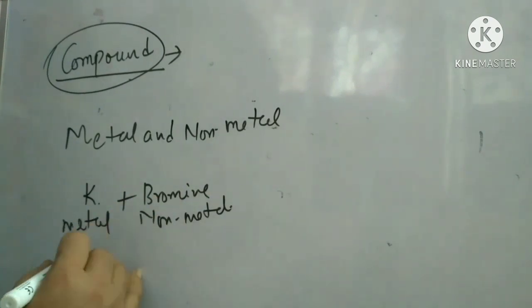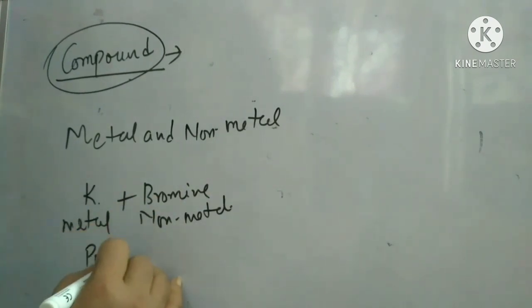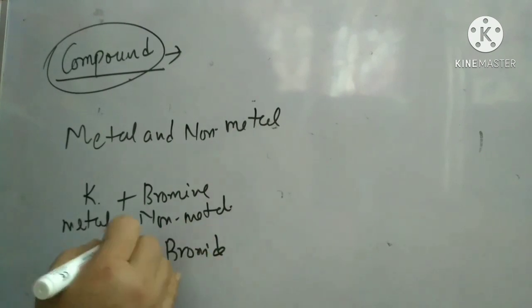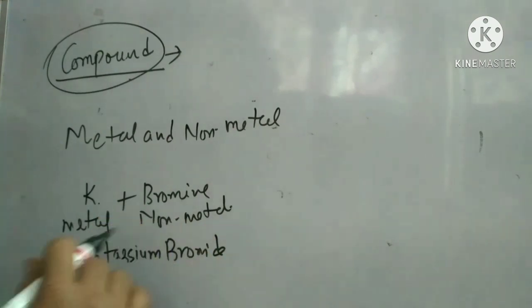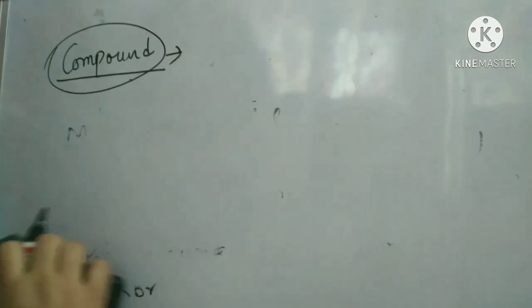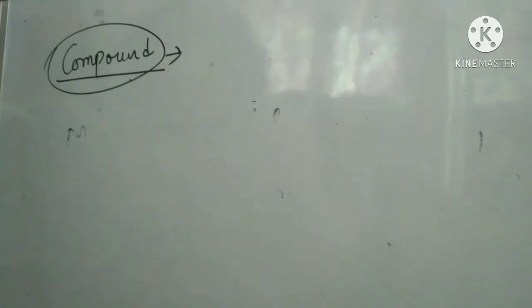So the name will be potassium bromide, KBr. If it contains only two non-metals, they are written side by side and given the prefix mono, di, tri, etc., denoting the number of atoms.